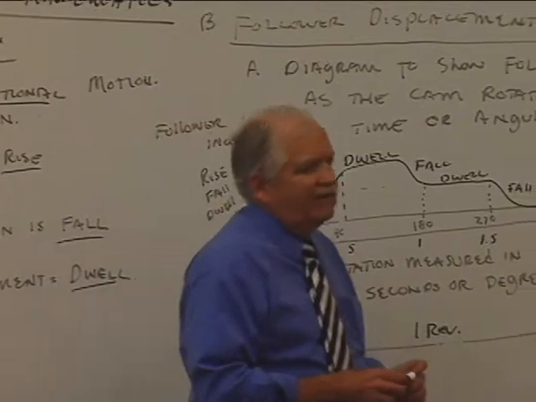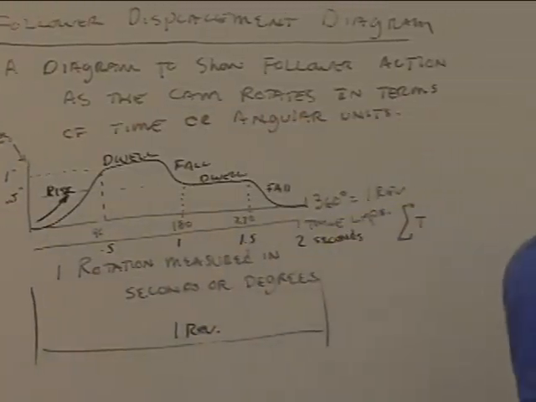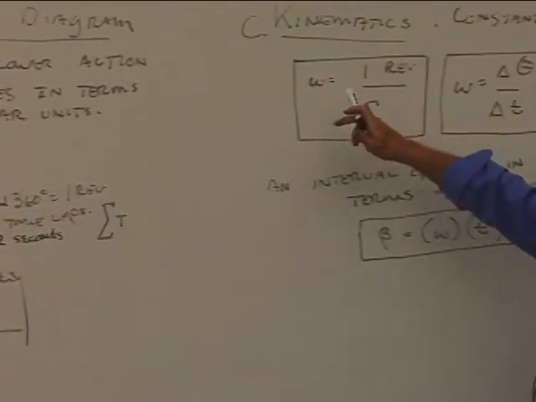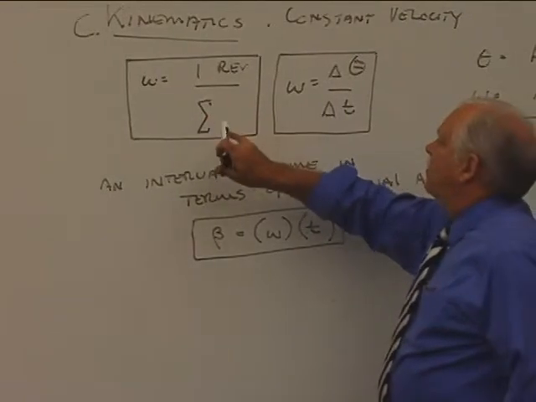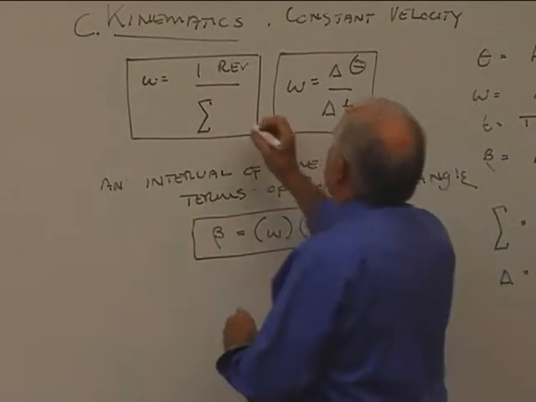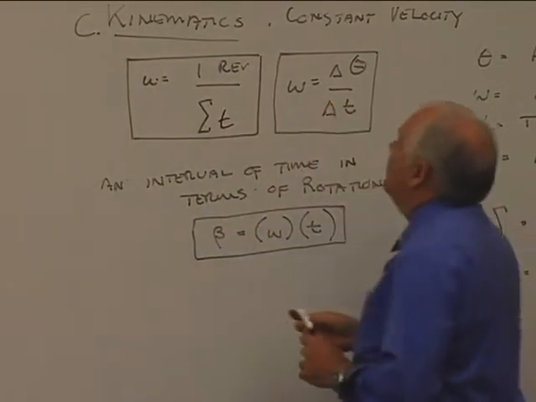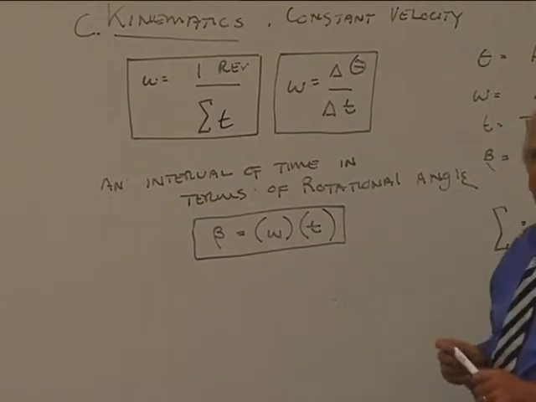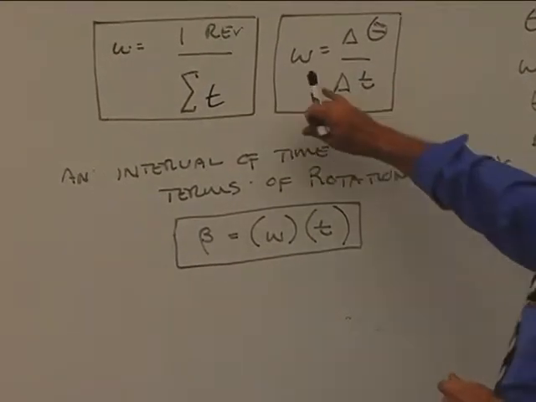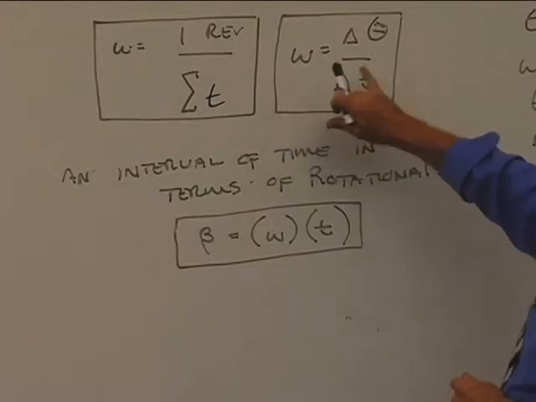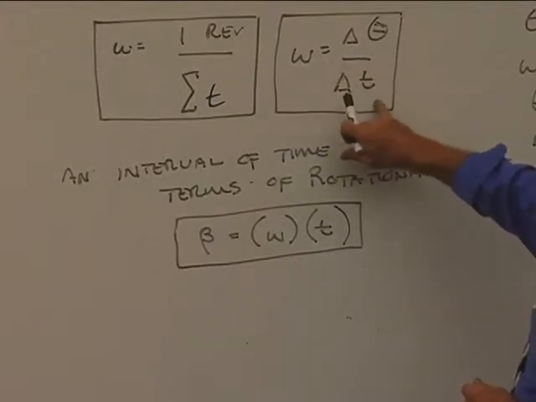So now, how do you plan this out kinematically? Well, basically we have to know what the rotational velocity is, so this is the sum of the time, one revolution over the sum of the time, and we can also associate that with the change in revolution and the change in time.